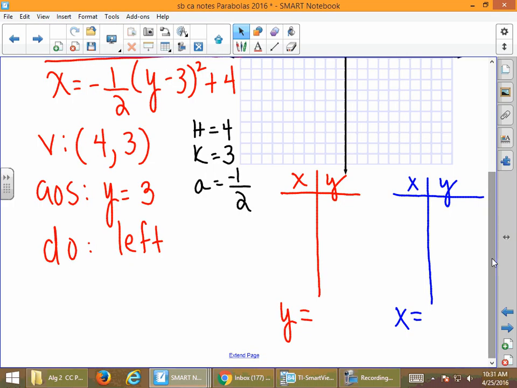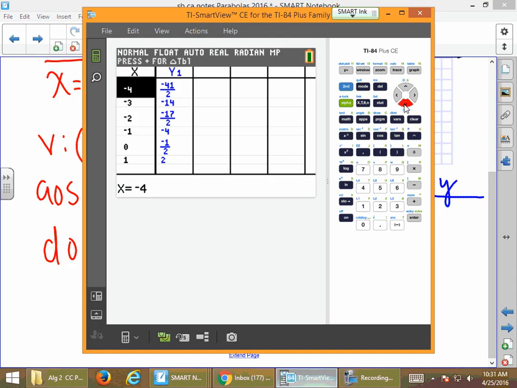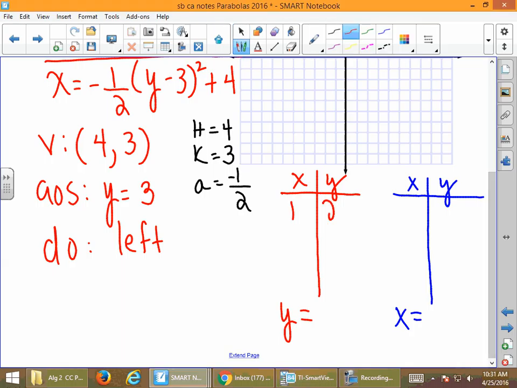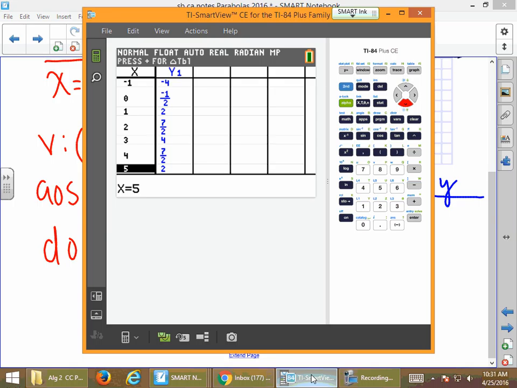I do kind of try to go back and look at the vertex. 4, 3 is our vertex, which means that in this chart we would be looking at a value of 3, 4. But let's see if we can get a couple points here. We've got 1, 2. And then we have 3, 4.